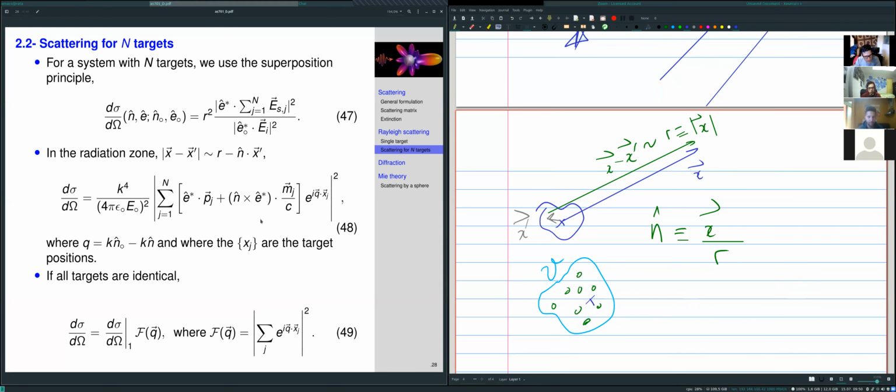And so if we have identical targets, then you can work out that you have a form factor that factors out. And the form factor depends on the position of all the particles. If the positions are random, then you do an average over their random positions.